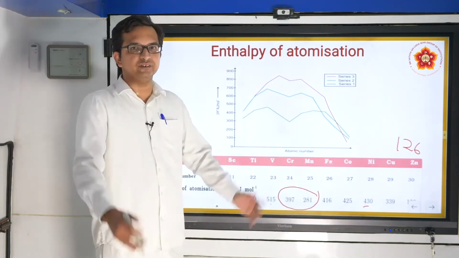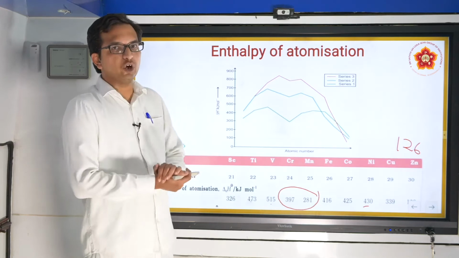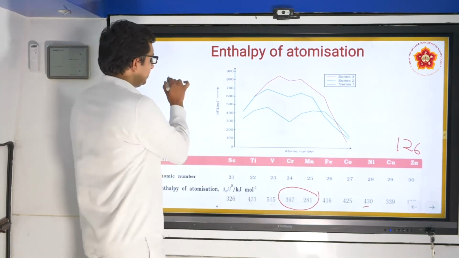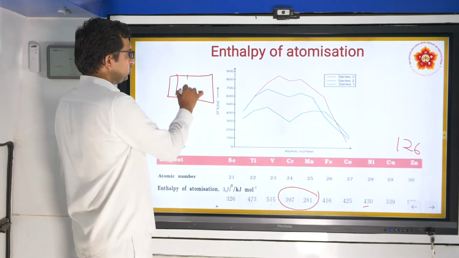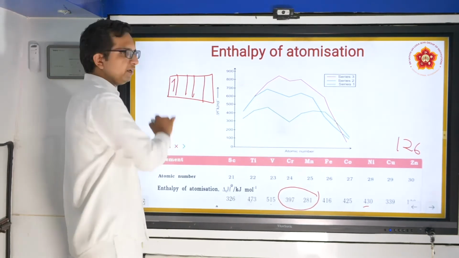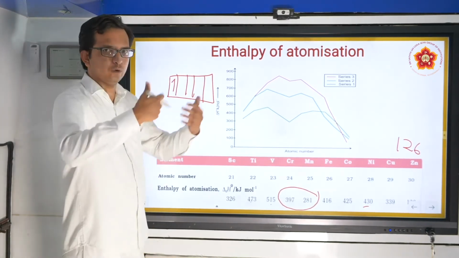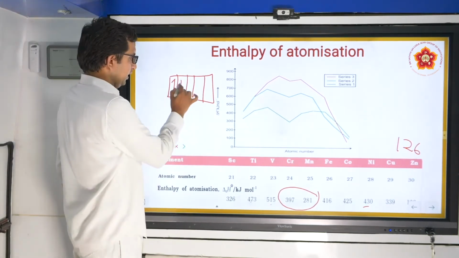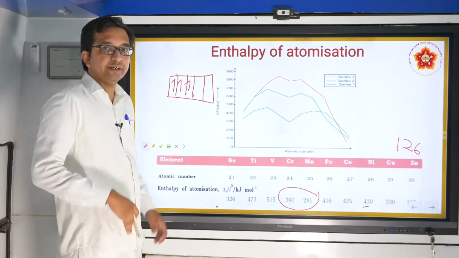That's a massive decrease. Now why do we come across all these factors? At the start there is an increase because of an increase in the unpaired electrons of the d orbital. In scandium there is one unpaired electron, so more energy is needed to hold the atoms together. Similarly titanium, vanadium, it is more.